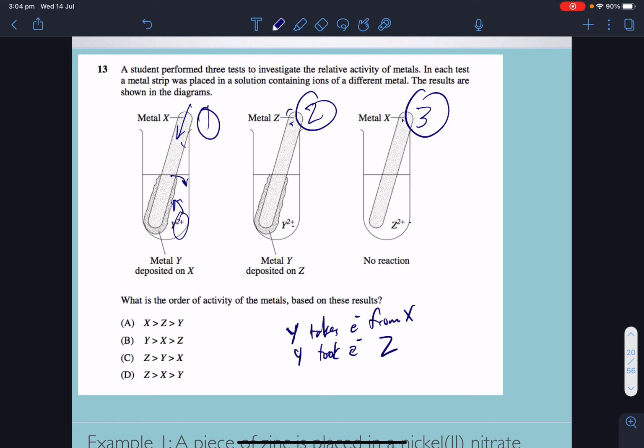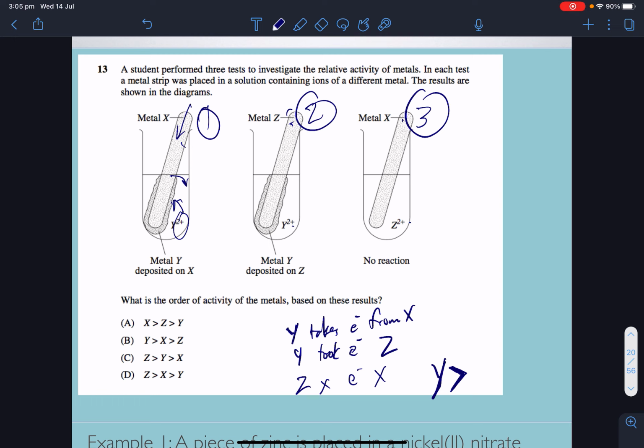But here, Z didn't take electrons from X. So, the least reactive, let's do it least reactive, is the one that holds on to electrons more. So Y took electrons from X and Y took electrons from Z. So Y is the one that likes its electrons more, so it's the least reactive. It likes the electrons the most.